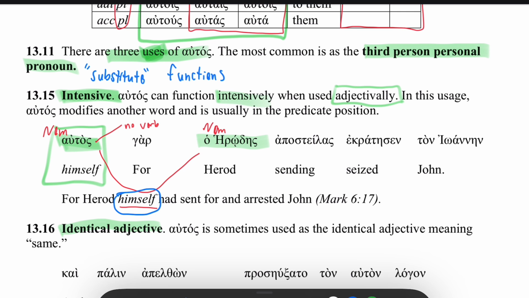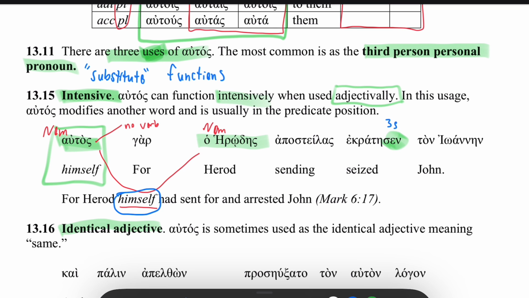But if you think through the fact that they didn't have that or didn't use that, we would understand why they would use autos for that. And you can see the emphasis here when you have already within the word seized, ekratesin, you already have third person singular.